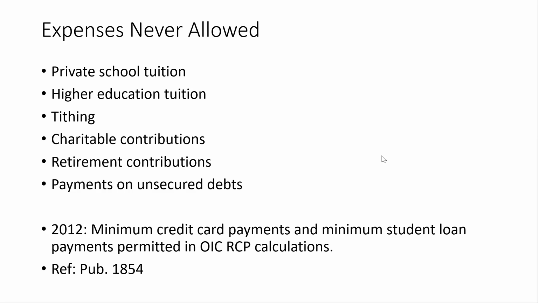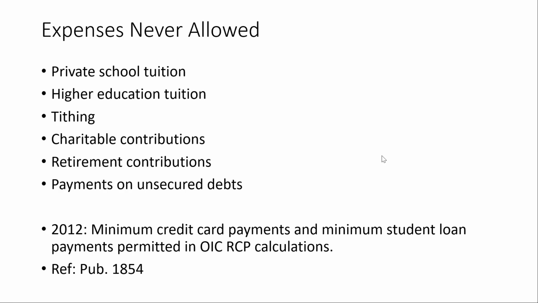Generally, the IRS does not allow payments on unsecured debts. So a lot of people will have issue with this in relation to their credit cards. Okay. Now, back in 2012, with the second phase of the Fresh Start program, the IRS did temporarily allow minimum credit card payments and minimum student loan payments to be calculated separately in the minimum offer amount calculation for an offer in compromise.